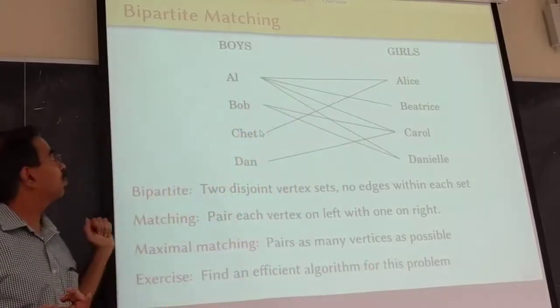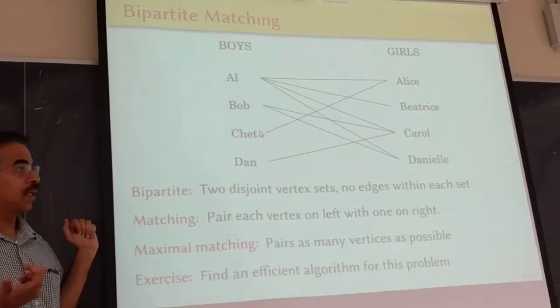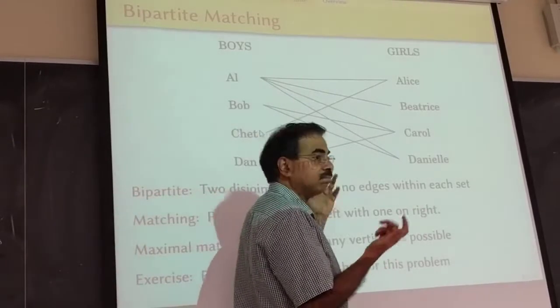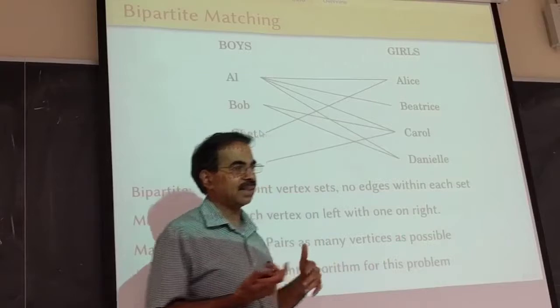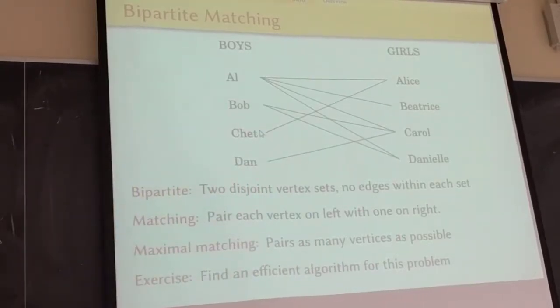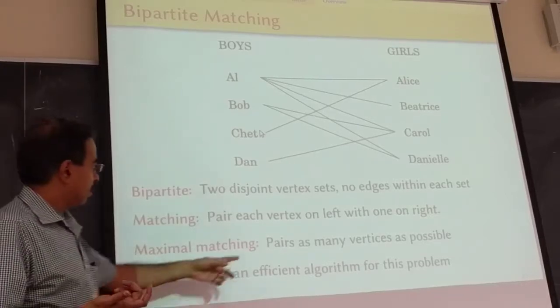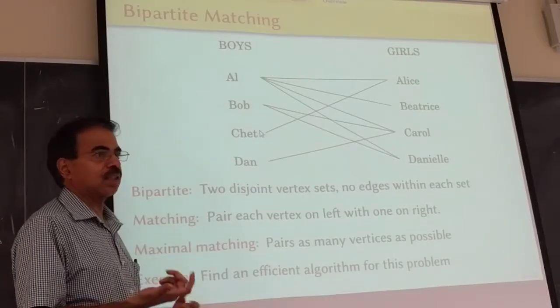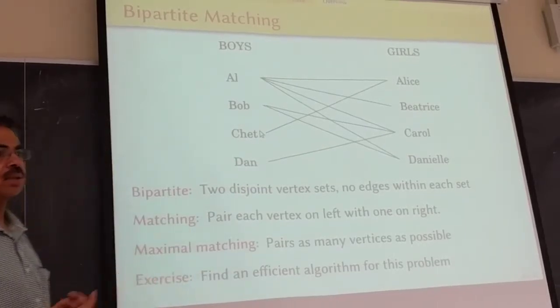Then you want to find one boy and pair the boy with the girl. That's why this picture is here. That's the kind of matching that we want to do. A perfect matching or maximal matching is one where you pair as many vertices as possible. A perfect matching is one where everybody is matched.